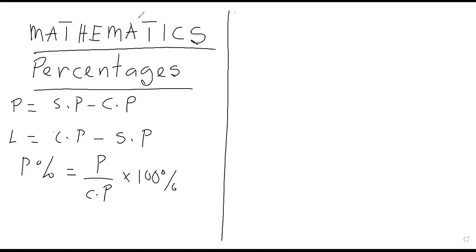If you want a loss percent, then that will be the loss over cost price times 100%. So loss percent should be equal to loss over cost price times 100%.